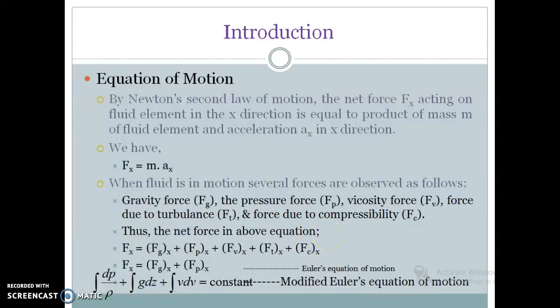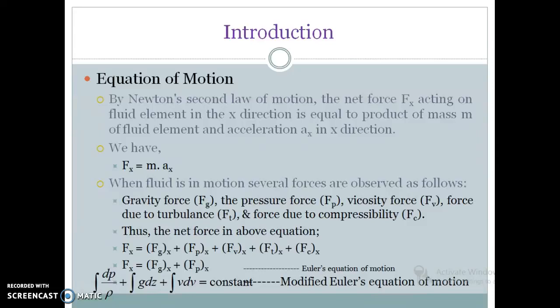In which, the last term, the force due to compressibility, if we neglect this, or we can say in the study when the situation is such that forces due to compressibility are not observed, that study is done in the Bernoulli equation of motion.